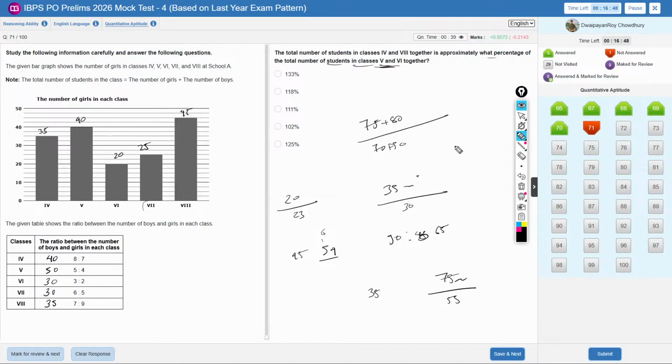So 120 and 155. Right. So it's close to 12. So 1, 12, 3, 5, 3, 5, right? So less than 30%, but it's not matching up, right?